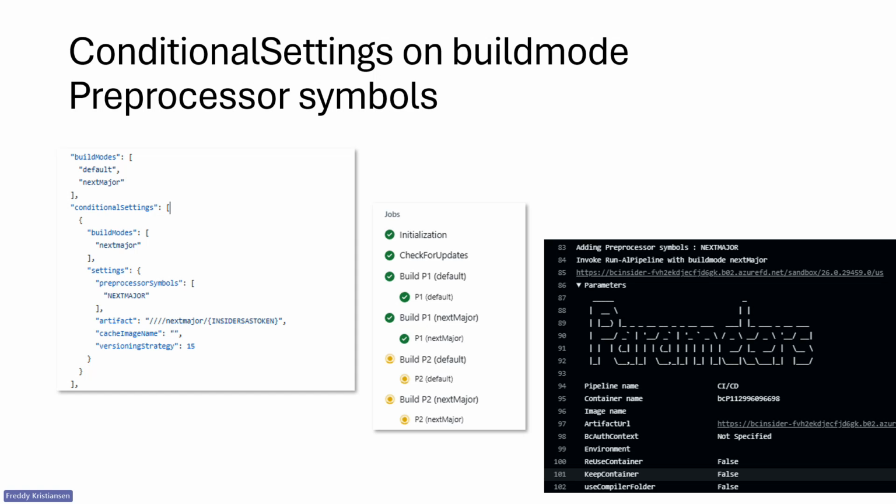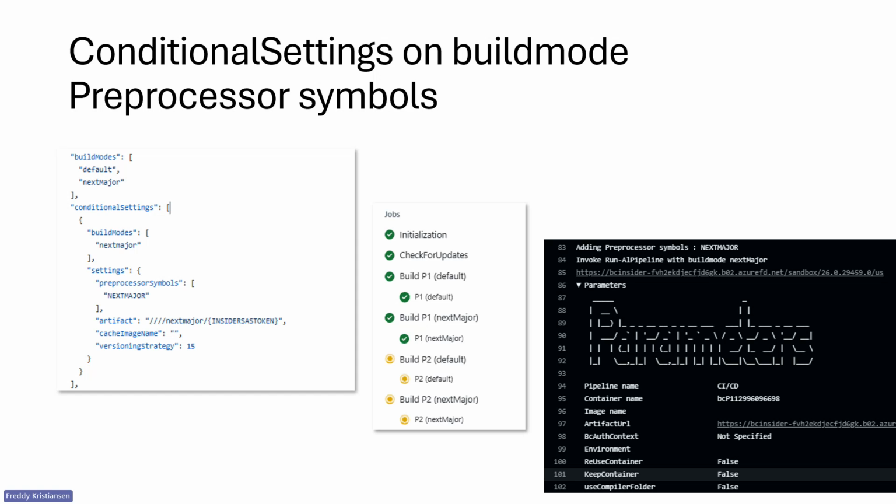Here I've defined two different build modes, the default and the next major. Then I've set conditional settings so that if the build mode is next major, it uses these settings and overrides what's in the settings file normally.